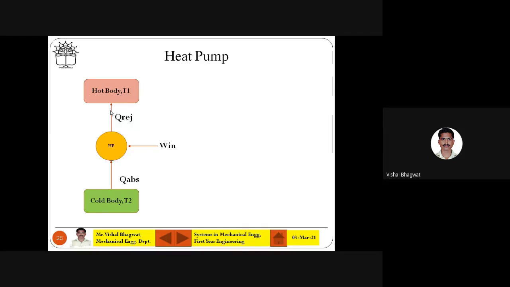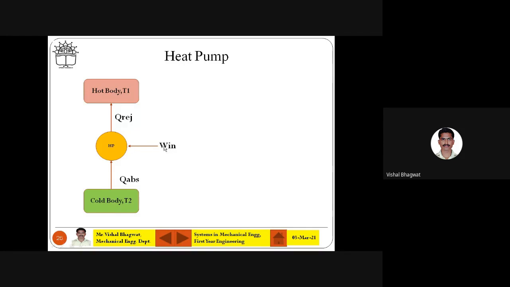You are interested in how much Q the heat pump rejects, because that is the addition to your room, which gives you comfort and heat. So this is a desirable effect: Q rejected is a desirable effect. And Q absorb happens because the heat pump is receiving some input energy, W in.